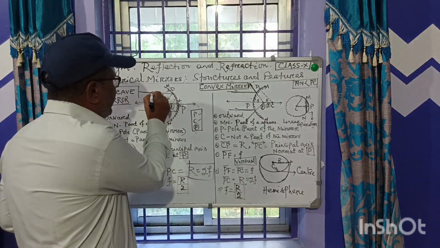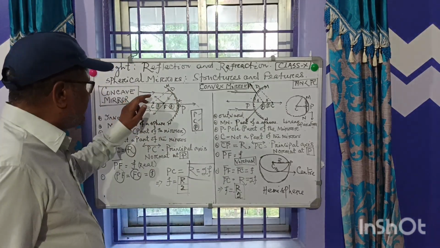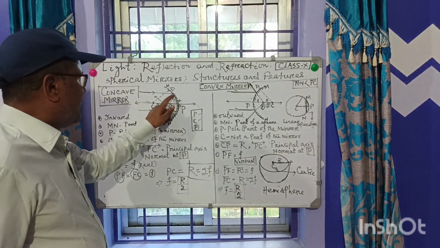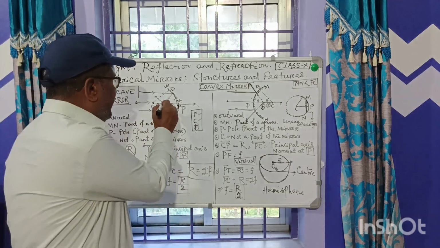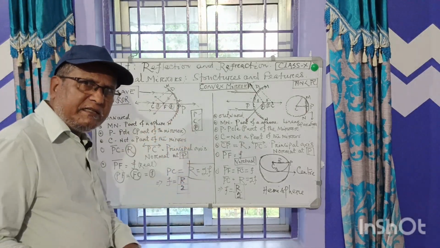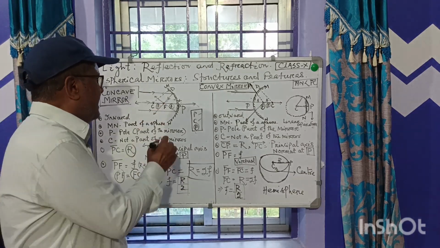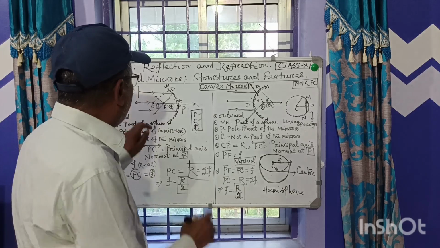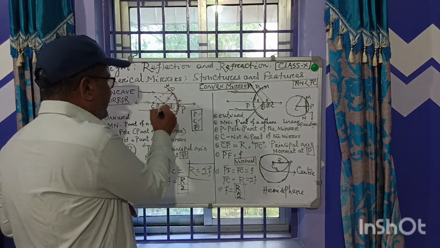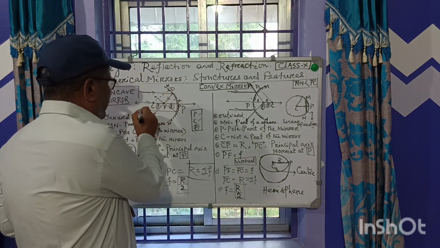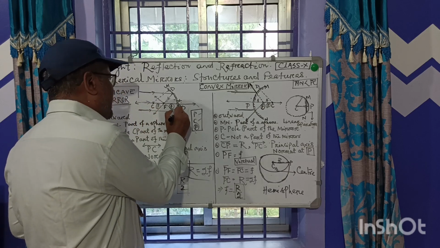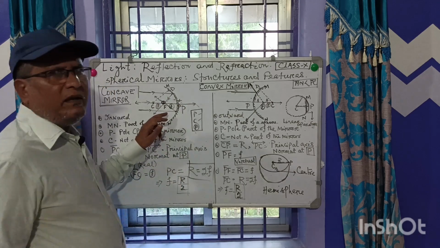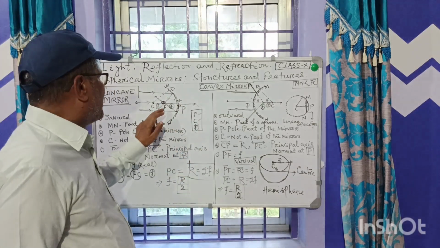The incident rays parallel to the principal axis, after reflection, intersect the principal axis at a point that is called principal focus. Here you see the incident ray, the point of incidence, and the reflected ray, and this point is known as principal focus.